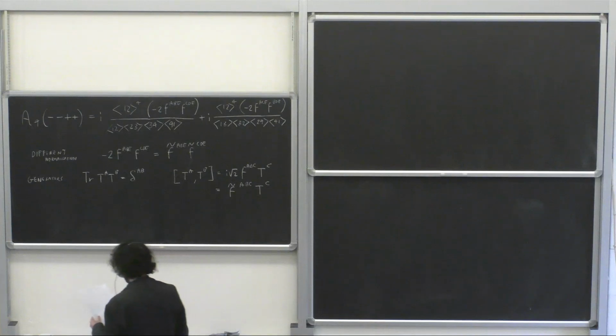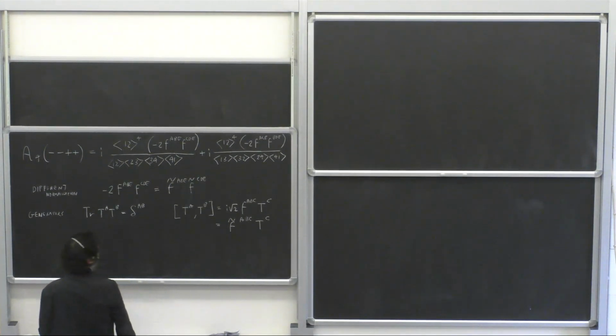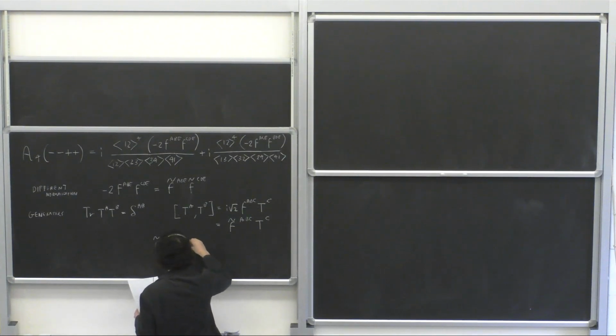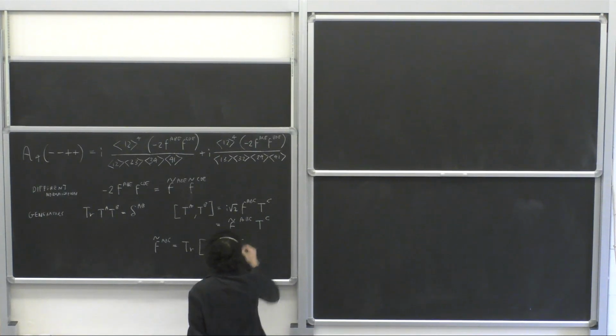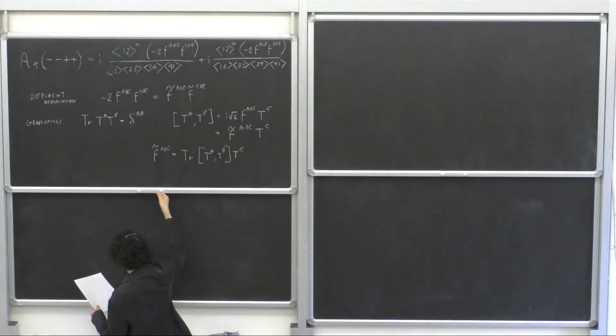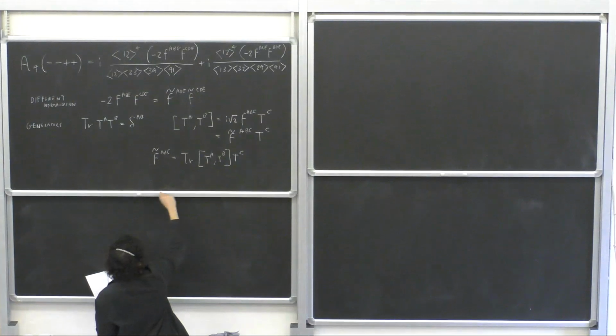And using this, this is equivalent to writing, together with use of this relation, the f tilde ABC as the trace of the commutator of T^A, T^B with the matrix T^C.